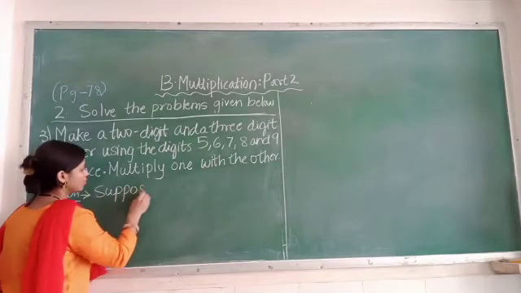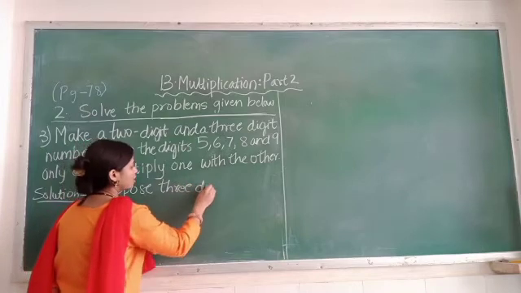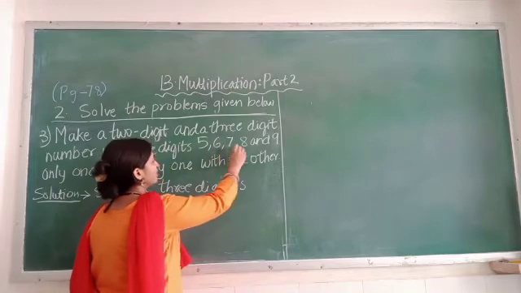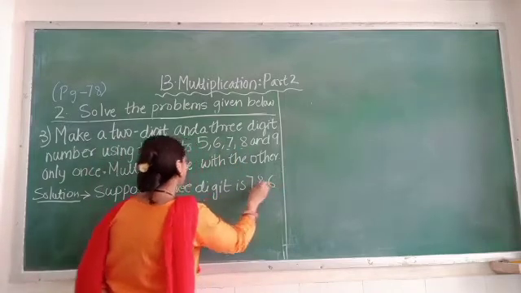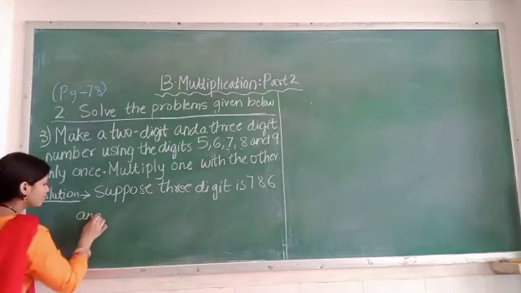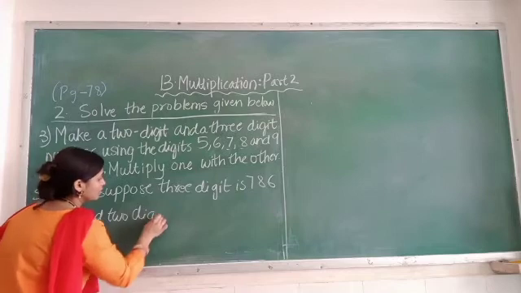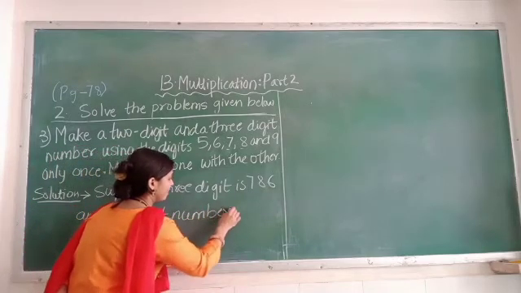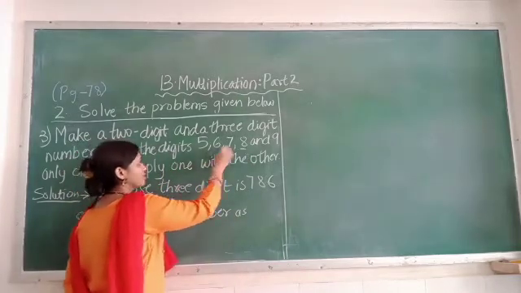Suppose the 3-digit number is, let us take 786. And the 2-digit number: now here we have taken 786.